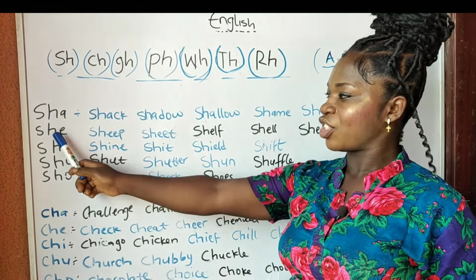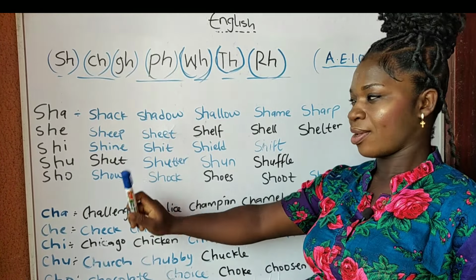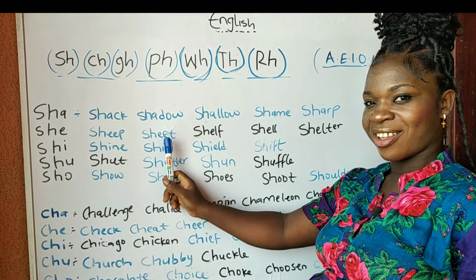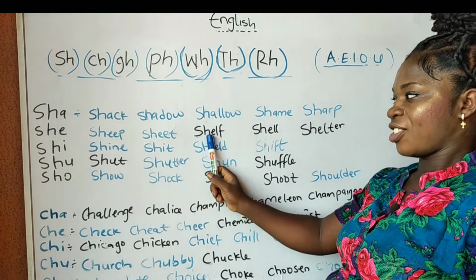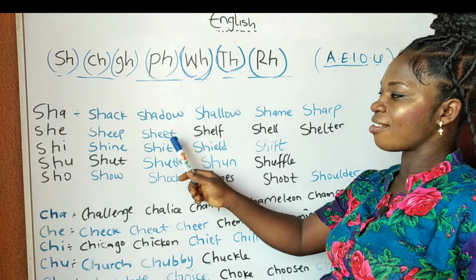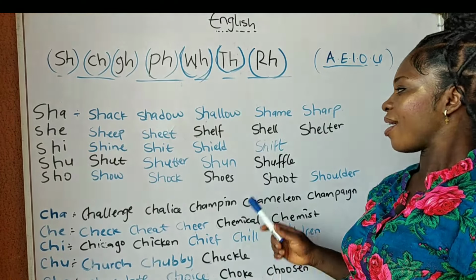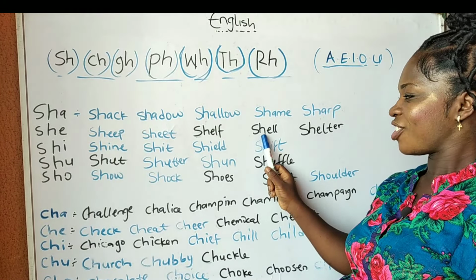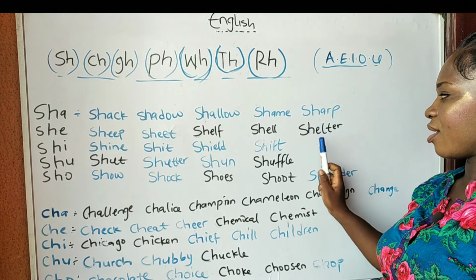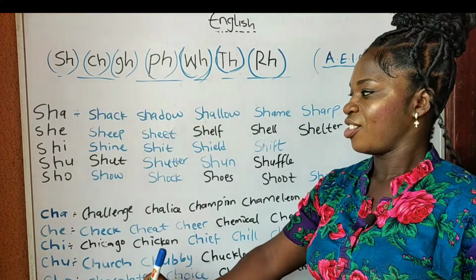Okay, we have sheep, sheet, chef. This is the S sound. This is the R sound. Okay, we have shell, shelter.